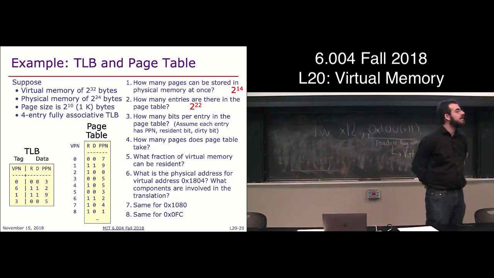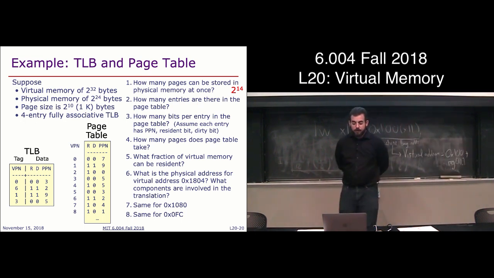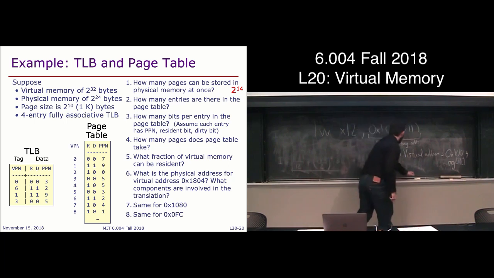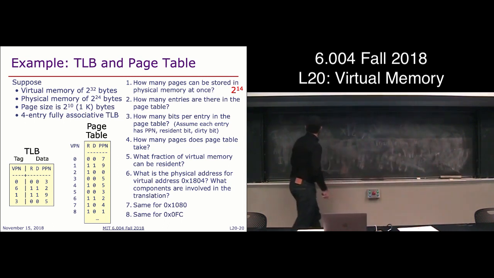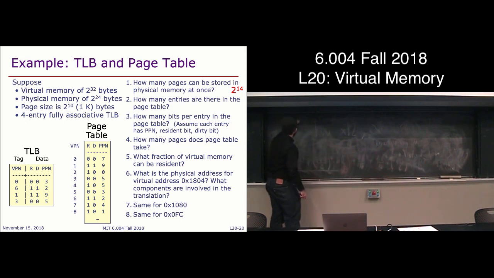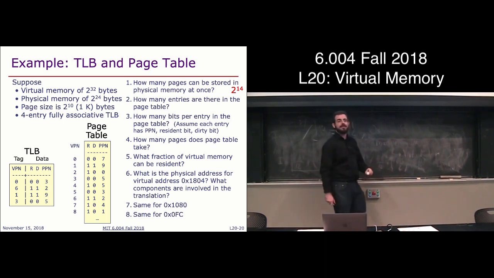Yes? Can you walk through the calculations for both of these again? For which one? Both of them. Okay, so this is because we have 2 to the 24 bytes over 2 to the 10 bytes per page. That gives us 2 to the 14 pages, right?